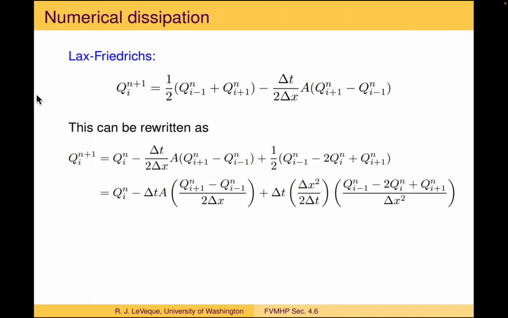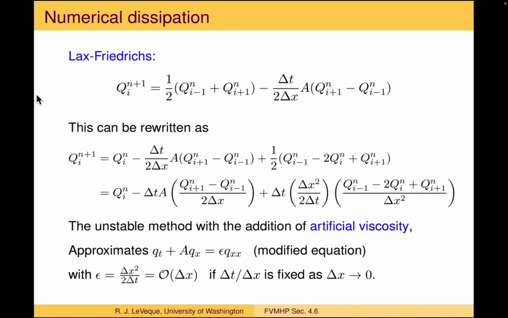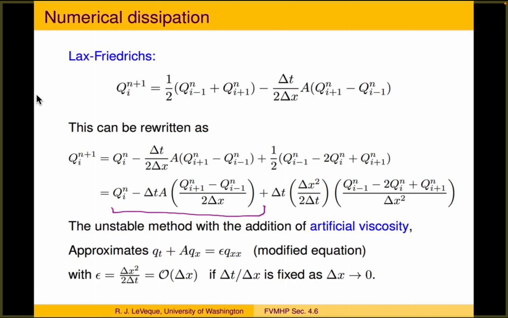If we rewrite that a little bit more, we can write it in this form, just introducing some more factors of delta x and delta t so that it looks like approximations of first and second order derivatives in x. What we can see if we write it this way is that we have here the unstable method that I talked about on the previous slide, where we just take qin and update it by the centered difference, plus an additional term that comes from this change in the Lax-Friedrichs method.